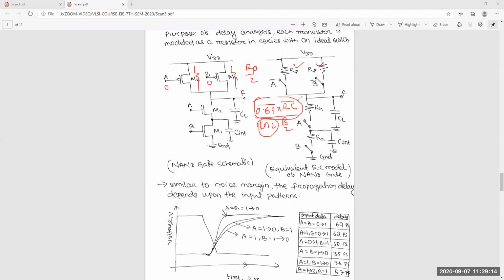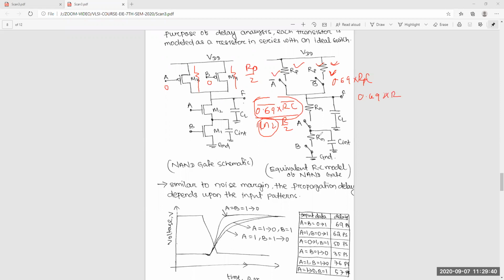The second case is when only one of them is on and one is off. Then only one resistor will come, so 0.69 into RC. In the other case also it is 0.69 into RC.